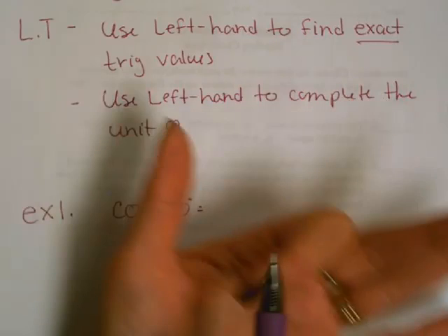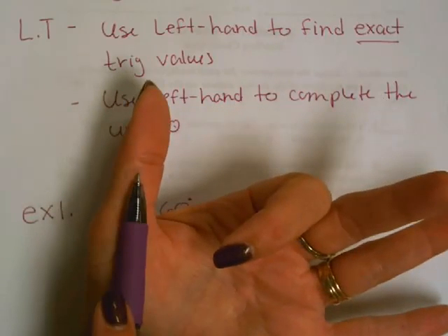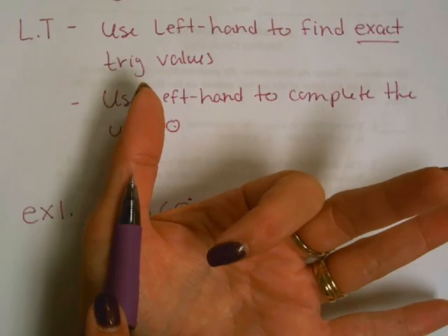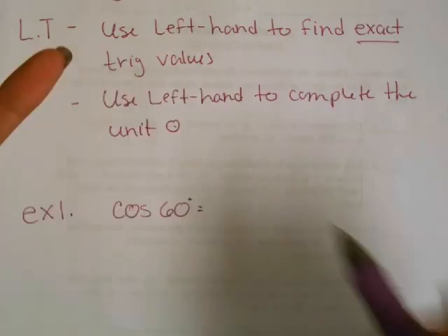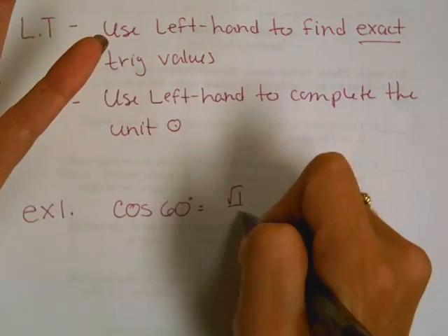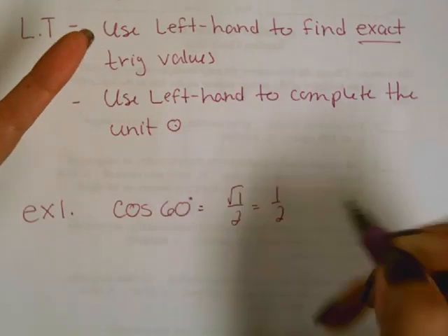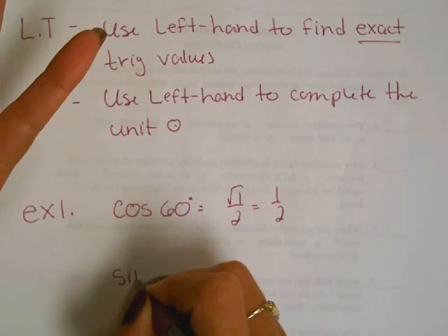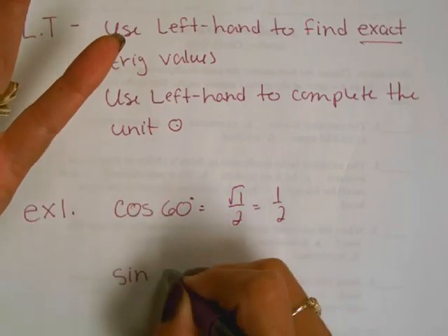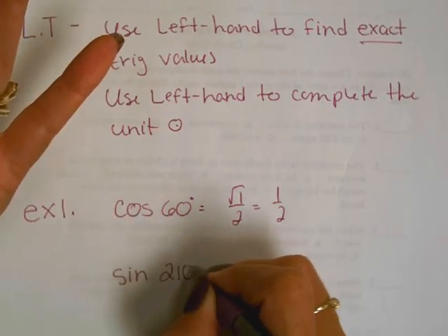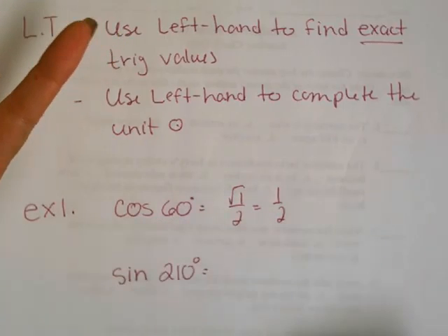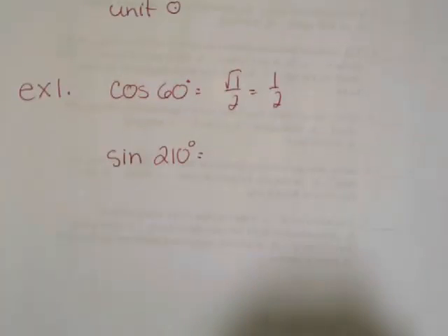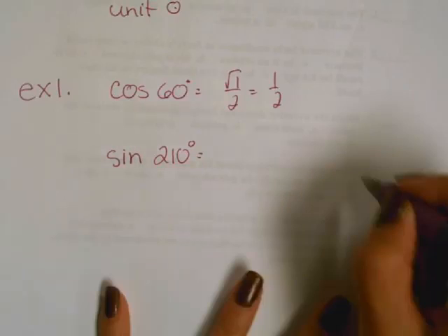So at 30, the cosine would be square root of 1 over 2, which reduces down to 1/2. I'm going to write it. 1/2. Okay. What if you were in another quadrant, like let's say we're looking for the sine of 210? Well, you got to think a little bit. You might have to write something down.